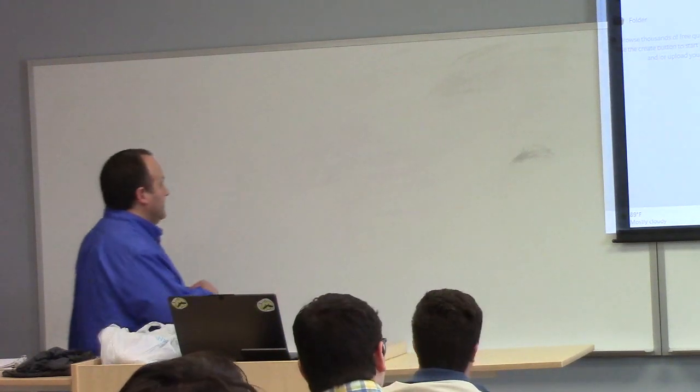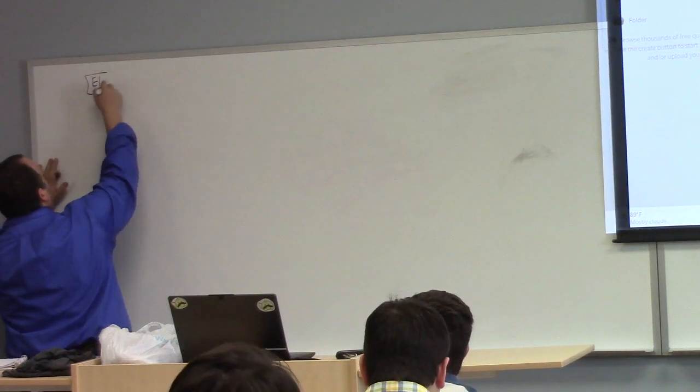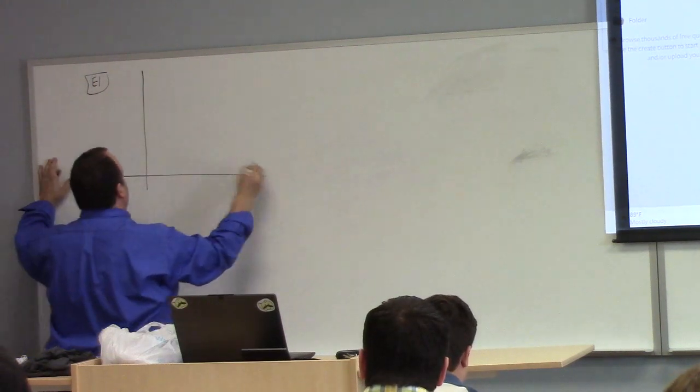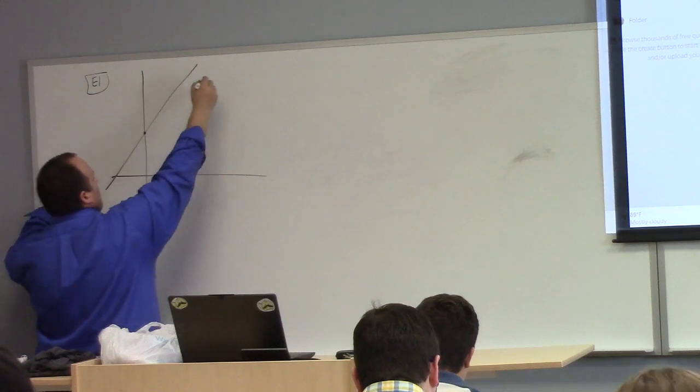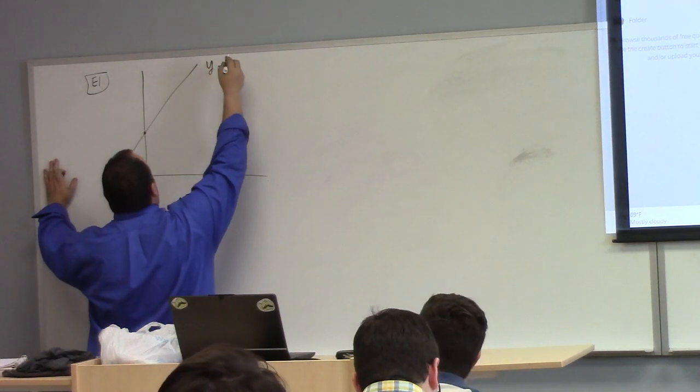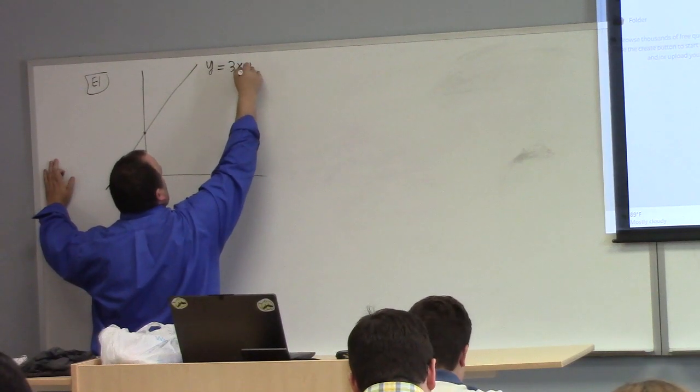All right, let me dive right into it. Let me do a problem. Like I talked about a problem at the end of class last time, but it was kind of hurried, right? So, example 1. Suppose you've got this right here. Maybe this is y equals 3x plus 2.